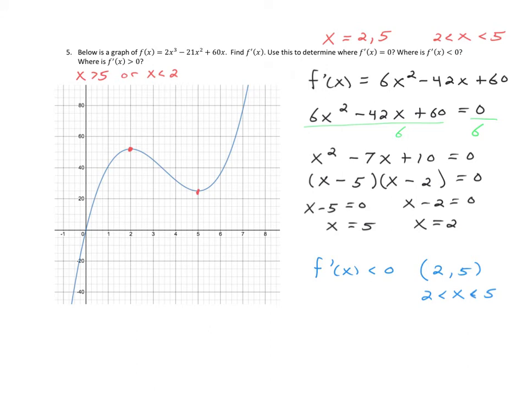I can actually see that on the graph. That's where the function is decreasing. And like we said before, where is your derivative positive? You could also write this as an interval. It's whenever you're less than 2, or, which I'll use a union symbol, and say when you're greater than 5.